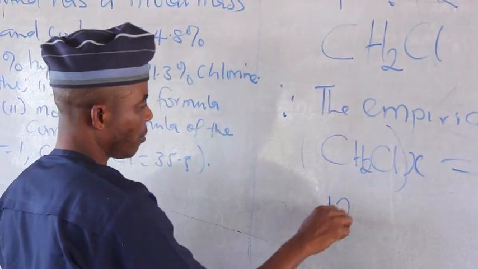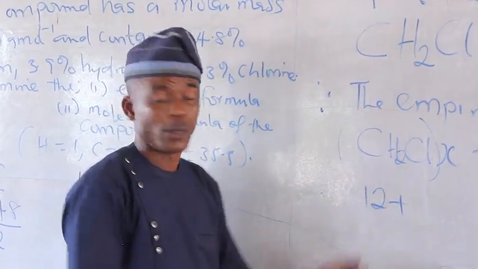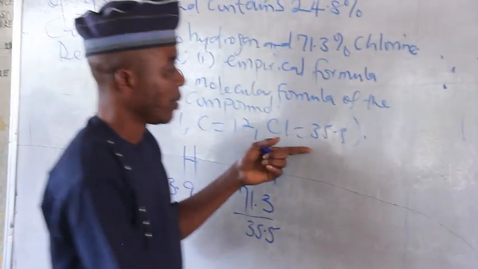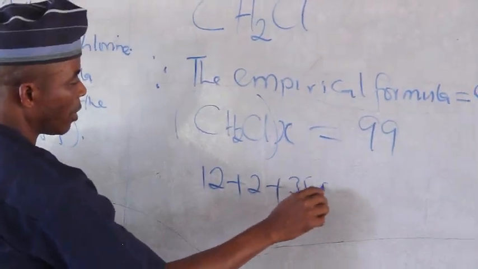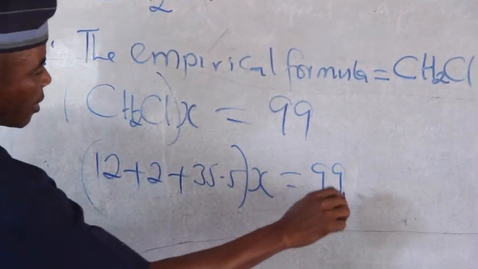One is 12 plus 2 atoms of hydrogen will give us what? 2. Then what is the mass of the chlorine here now? 35.5. Everything together multiplied by X will give us 99.